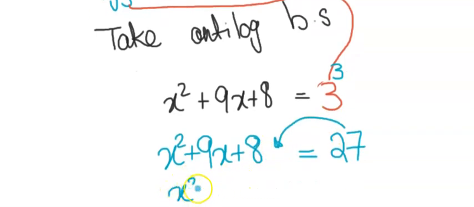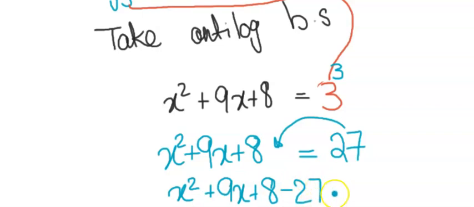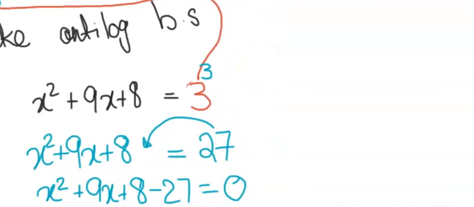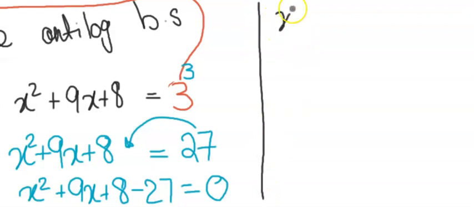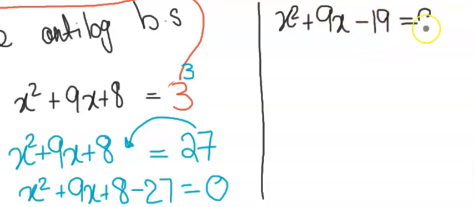So that would be x squared plus 9x plus 8 minus 27, which is equal to 0. If I want to solve this further, that will become x squared plus 9x minus 19 equal to 0.